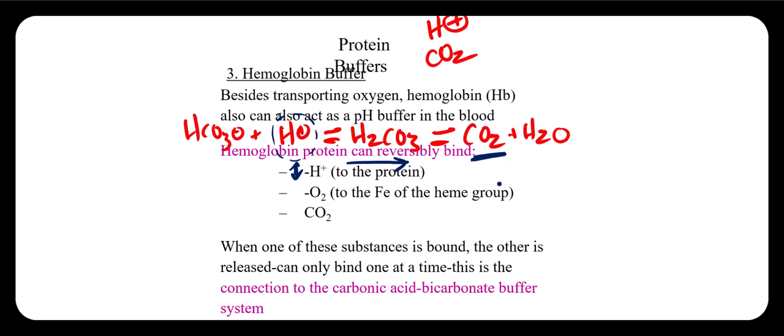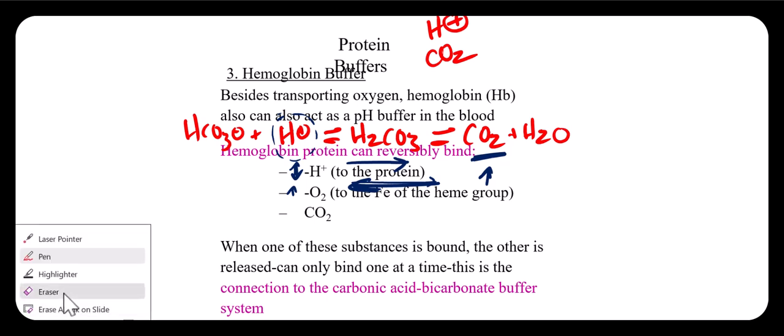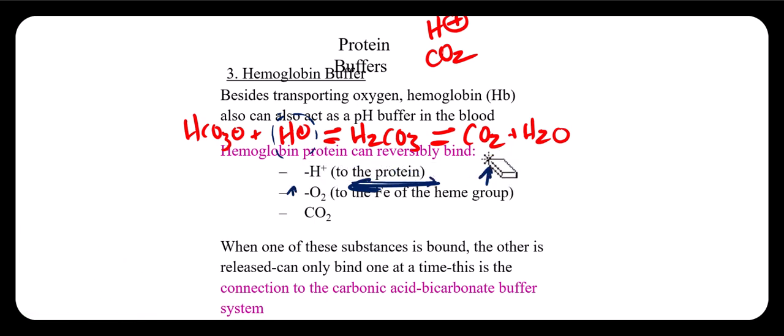Or hemoglobin can come along, give me some carbon dioxide, release it, raising the concentration, make me shift this way, raising my hydrogen ion concentration, and so on. So exactly the same story, exactly the same equilibrium, with hemoglobin being the molecule that gives you or takes out of solution either the hydrogen ion or the carbon dioxide.